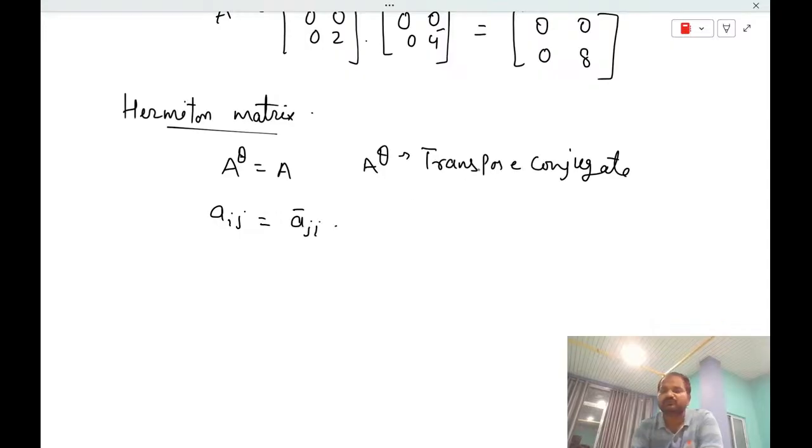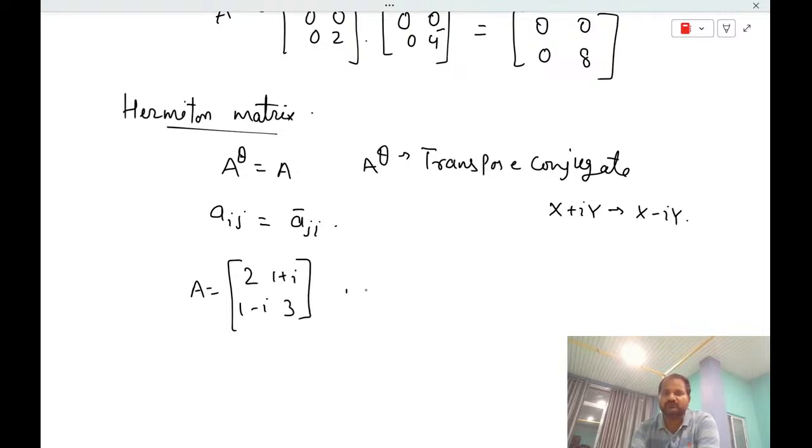What is the meaning of transpose conjugate? If a term is given as x plus iy, its conjugate will be x minus iy. And if you take the transpose, if A theta is equal to A, it is called a Hermitian matrix. So if I take the A value as 2, 3, and here 1 plus i and 1 minus i, what will be its A theta?